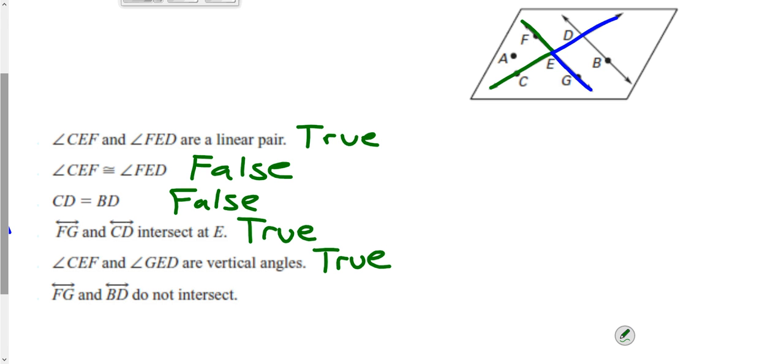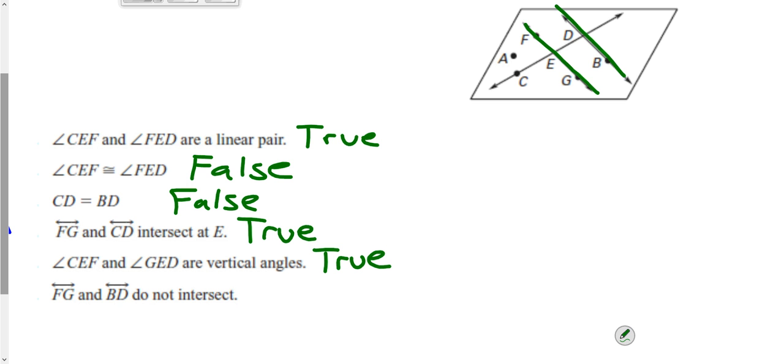And then the last one: line FG and line BD do not intersect. Can we conclude that they do not intersect? This is actually false.